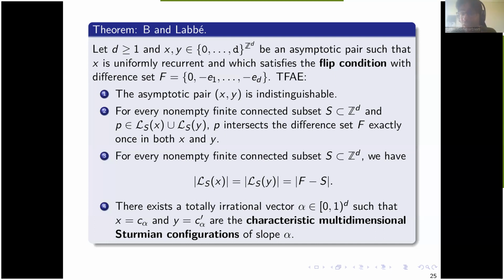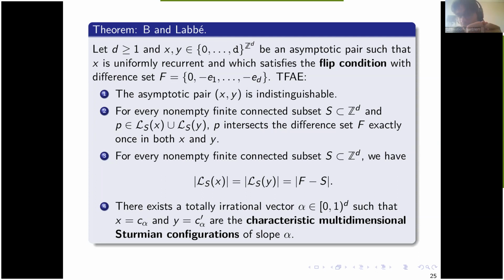Third, I'm gonna get what the complexity of the configurations is. So for every non-empty finite connected subset S of Z to the D, the complexity with support S of X and of Y is gonna be exactly the size of the difference set F minus the support S, where this minus is the minus sign on Z to the D, it's not the difference of the sets.